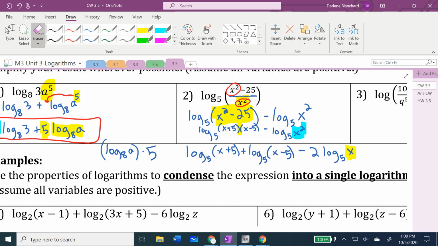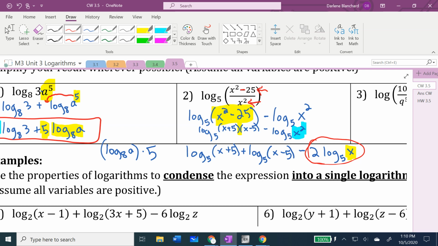For this x squared at the bottom, it didn't have anything added or subtracted to it, so that exponent was able to come out and multiply. But in the numerator, you need to see that this subtraction right here that goes with that x squared means that that squared cannot come out on its own.